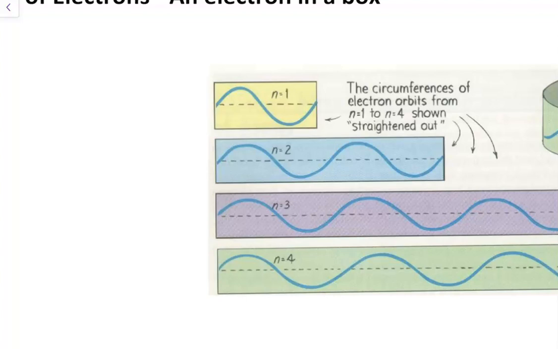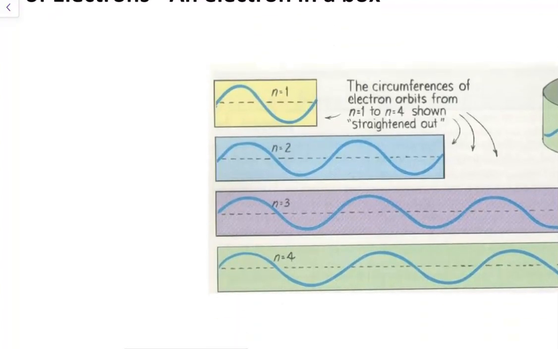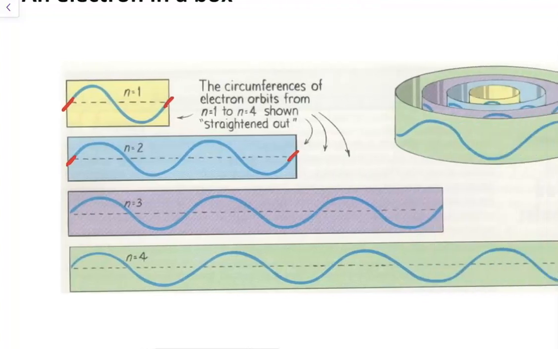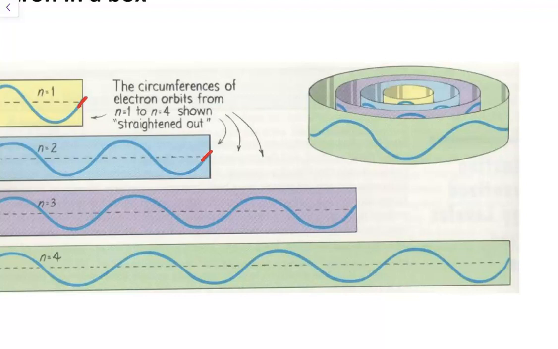And then if we extend the length of the tube or length of the string, we get a second harmonic and then a third harmonic and a fourth harmonic. Now, it's important to see that unlike in standing waves, we needed the beginning and the end to be going in the same direction, because these are all circumferences inside of a circle. So they need to connect and continue their standing wave pattern inside of their orbitals.